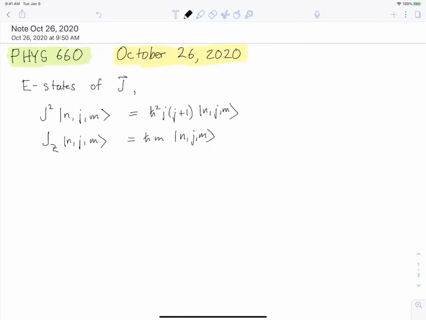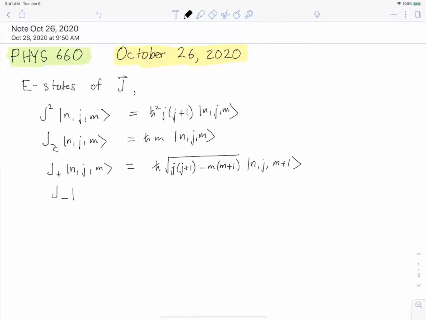And then there were the operators J plus and J minus, and they don't commute with J sub z. So instead of getting eigenstates, they raise or lower M. And the factor here turns out to be H bar square root of J times J plus 1 minus M times M plus 1, times the state with M raised by 1 unit.